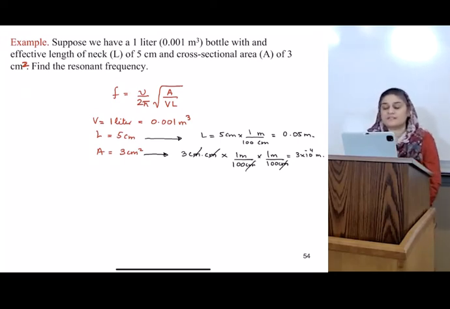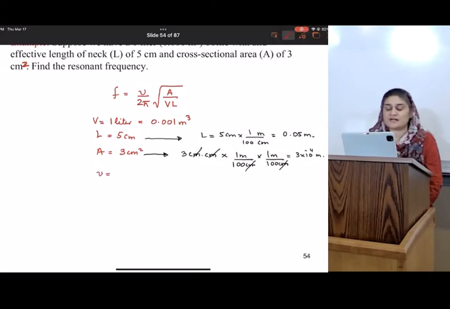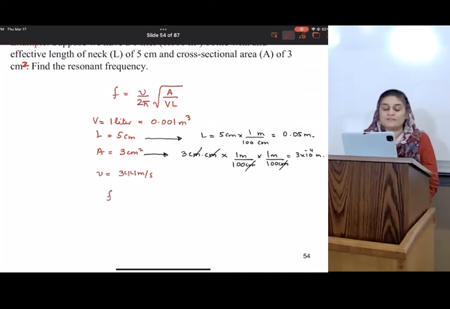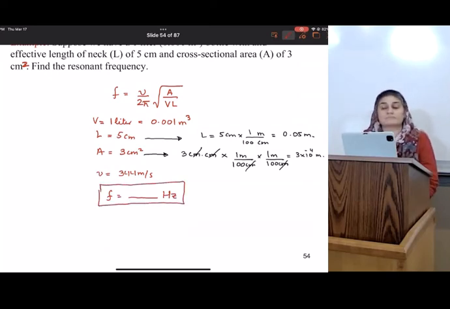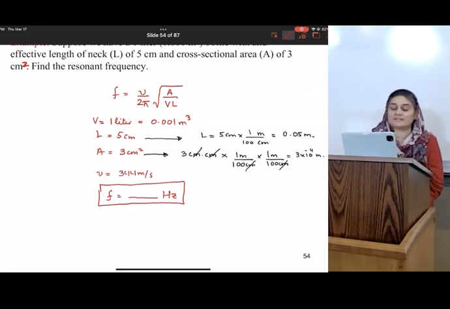And then what is the v? v is just the speed of sound at room temperature, which is 344 meters per second. So plug all of those numbers in and give me the answer in hertz. And remember, a Helmholtz resonator would look something like this.